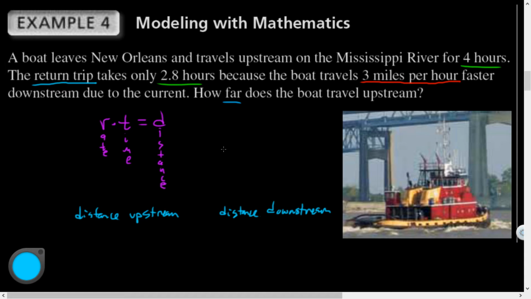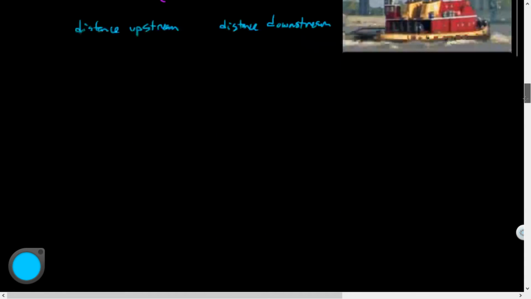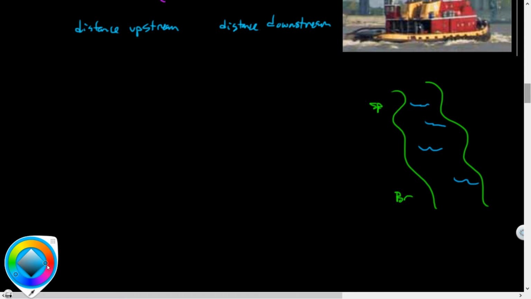Well, let's see. Let's think of this picture. Here's my map. Here's a village. What's a village on the river? Springfield, Mass. And here's Brattleboro. Sorry, Springfield, Vermont. Here's the Connecticut River. Right. Here's the river. And our boat leaves Brattleboro, goes upstream, and comes to Springfield, right?